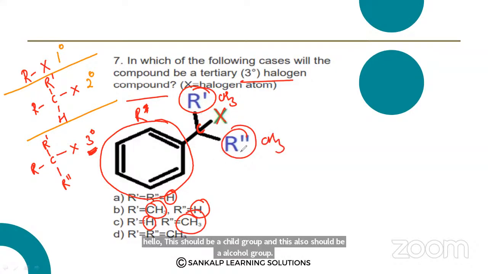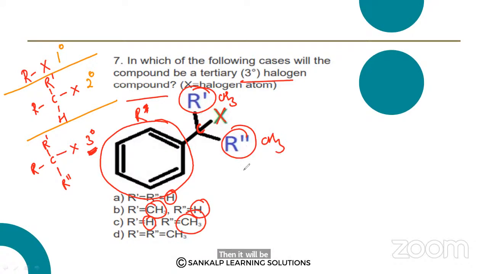Then it will be tertiary. If I take one as H, it will become secondary. If I take both as H, it will become primary. If I take one H and one CH3, it is still secondary. So to make it tertiary, you have to take both R dash and R double dash as CH3.